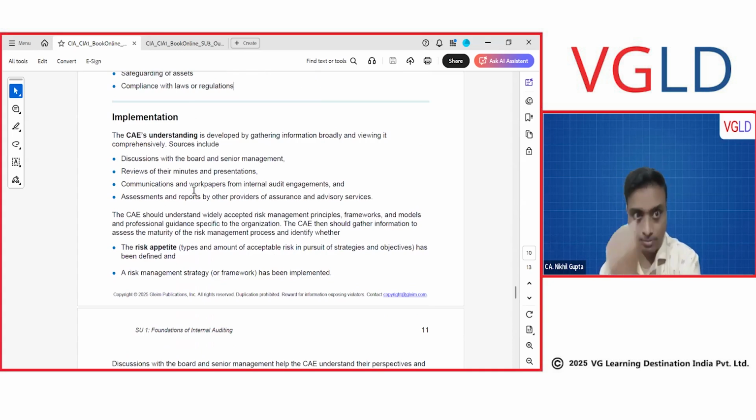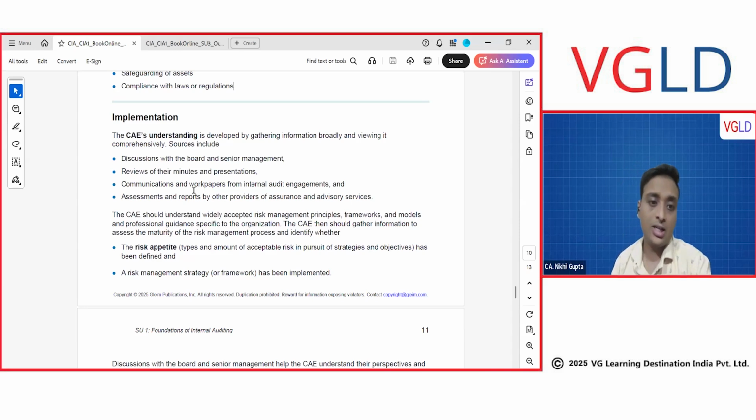So, implementations of it. The CAE's understanding is developed by gathering information broadly and viewing it comprehensively. Sources include discussions with the board and management, review of their minutes and presentations, communications and work papers from internal audit engagements, and assessments and reports by providers of assurance, which include internal audit, external audit, and advisory services.